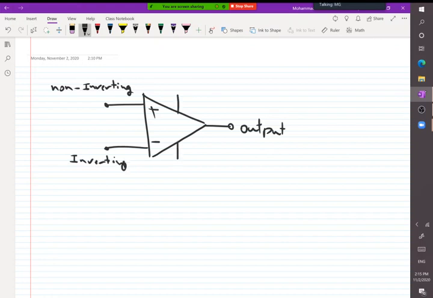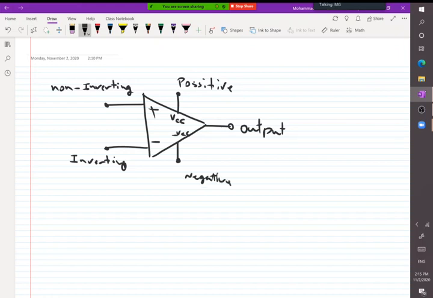And of course, like all active elements, the OpAmp needs external power supply to operate. So we have two power supplies, VCC and negative VCC, so one is positive and the other is negative.